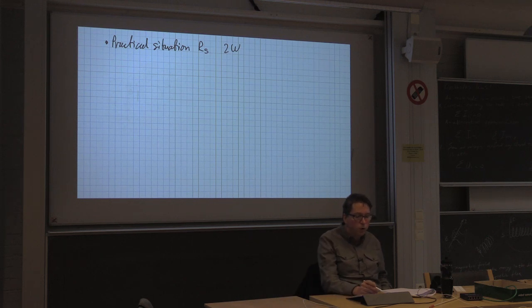So what should the Rs be? Should it be equal, greater than, or less than twice the bandwidth? You can look at your notes. Lower. Exactly. It should be less than twice the bandwidth.